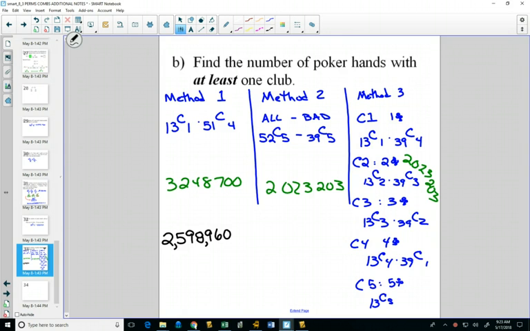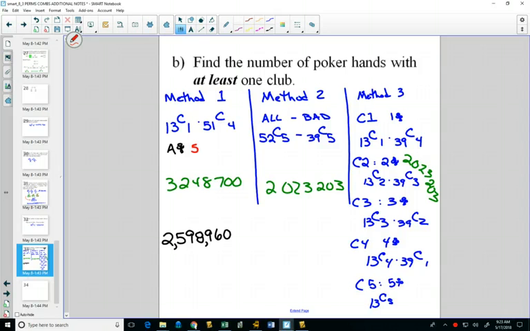So in 13 choose one, that means I took my 13 clubs and I chose one of them. Which one would you like to pick? Doesn't matter. Just give me an example. 6 of clubs? Ace of clubs. Okay. So we start by choosing the ace of clubs. Then I put the other cards back in the deck, I shuffled them up, and I started pulling out other cards.